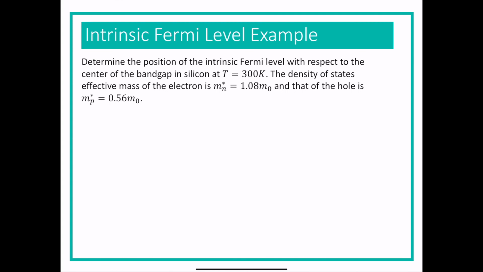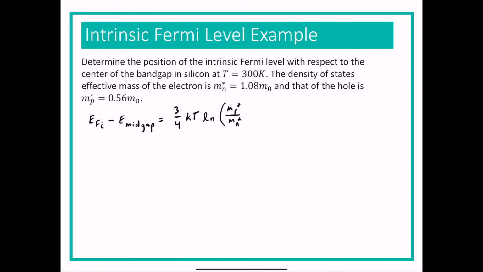So we have the effective mass of both the electron and the hole, and we're just going to figure out what that is. So the intrinsic value minus the mid-gap value is going to be 3/4 times kT times the natural log of the two effective masses, MP star over MN star.